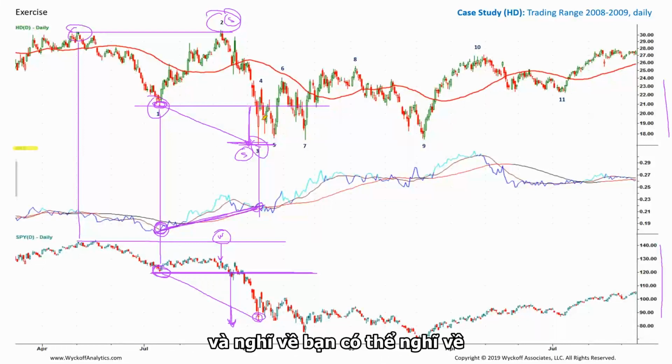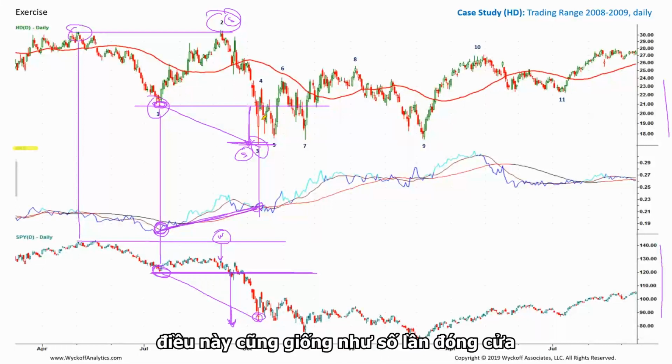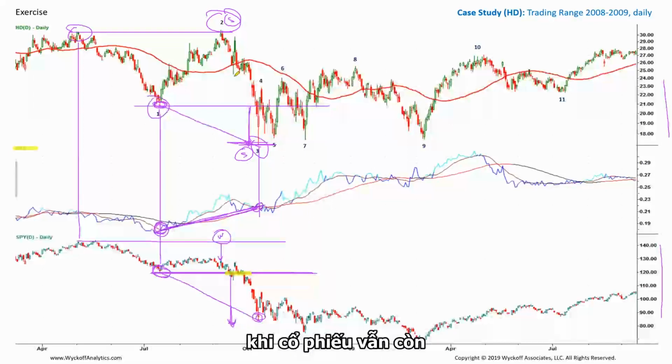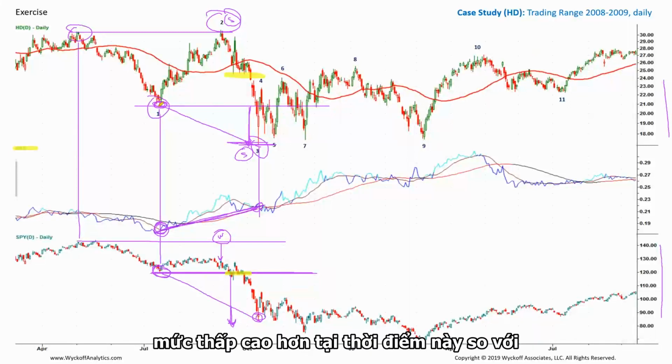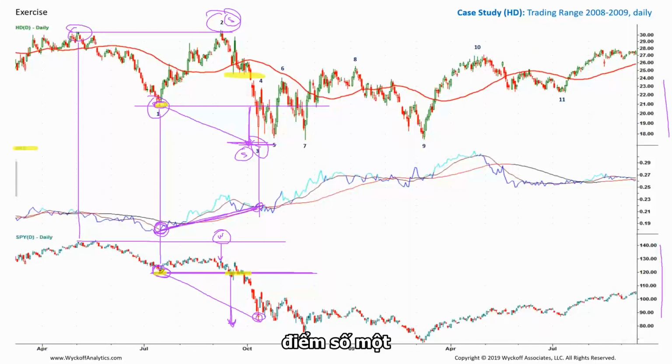And you could think about this also as number of closes, right? So for instance, the market is at this low when the stock was still somewhere at the higher low at this point relative to point number one, right? So the market was touching the support when the stock was still at the higher low.